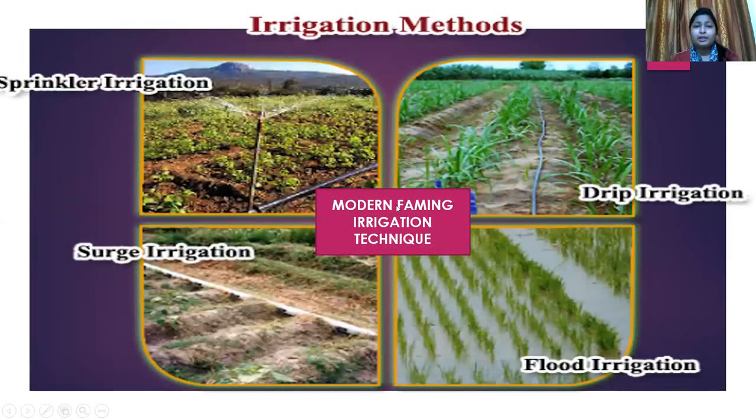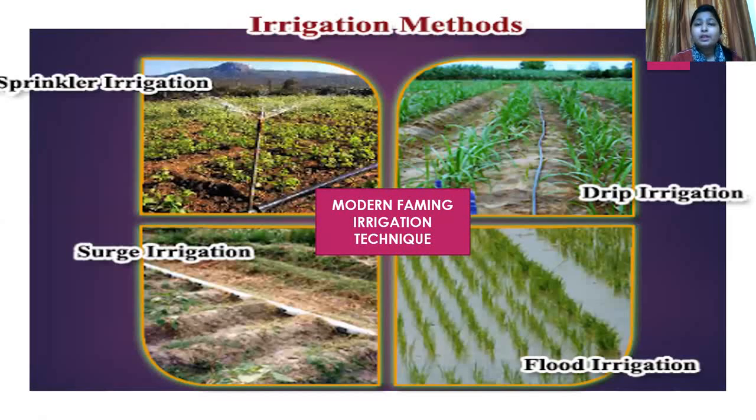Modern farming techniques, you know that it requires, as I've told you, since HYV seed is the major combination which is required for increasing the production from the same piece of land. So HYV seed, that is high yielding variety seeds, you know that it consumes lots and lots of water.